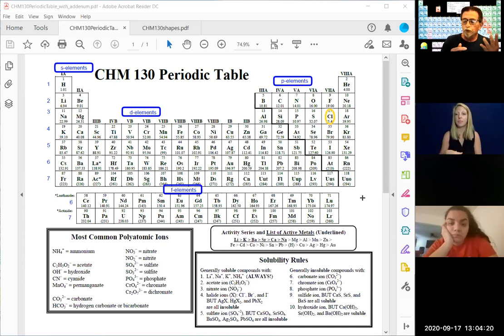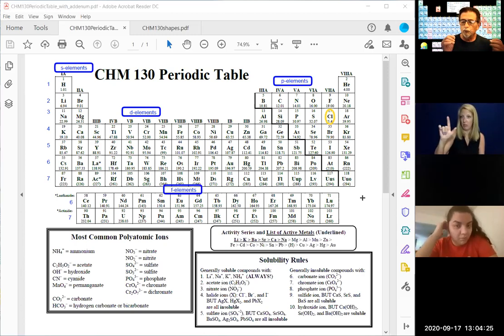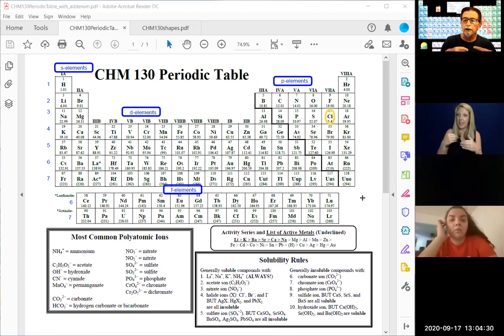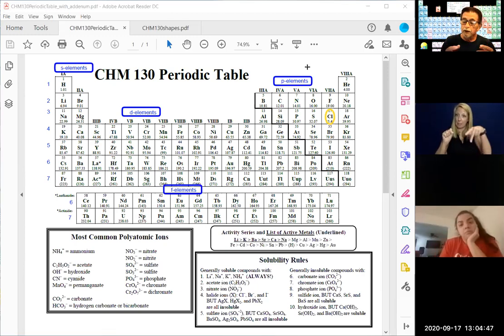Now, there are only 4 orbitals. These are the energy levels or the shells, and within these energy levels there are subshells, but we use the term orbitals. Now, in the first shell, there's only one orbital, and that's the S. In the second shell, there are only 2 orbitals, and that is the S and the P. And in the third, we continue to have the S, and we also have the P, but the D's come into play.